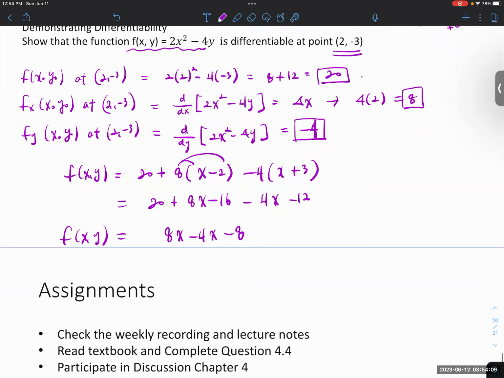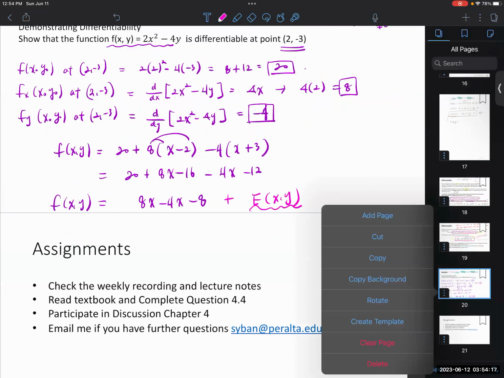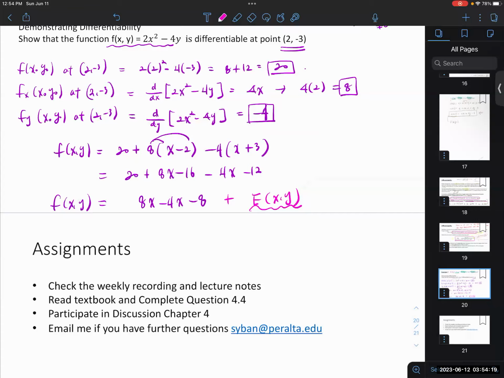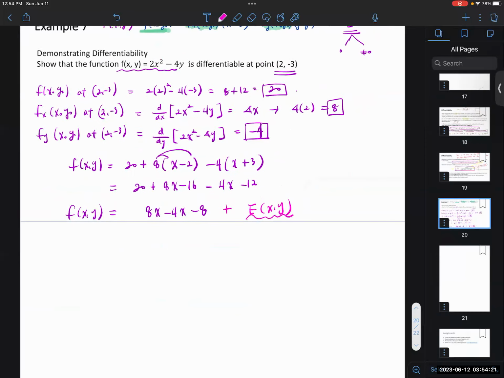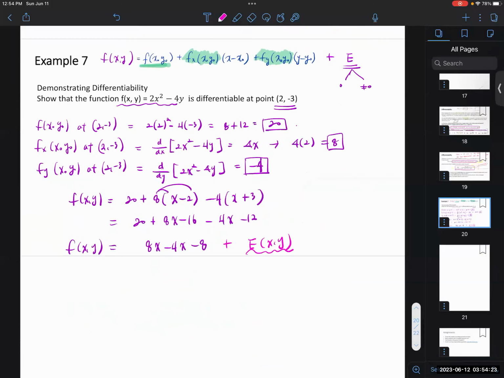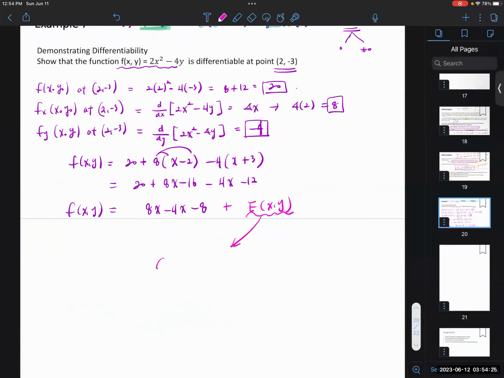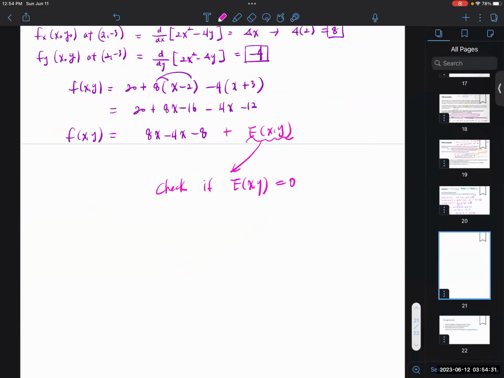But we know that there's going to be an error. We know there's an error because we should find out the difference between the linear approximation and the function outcome. We are going to check if the error is a 0 or not, right?